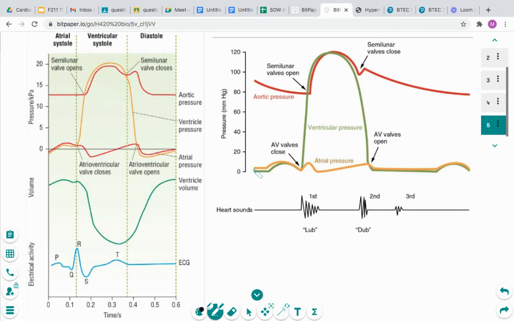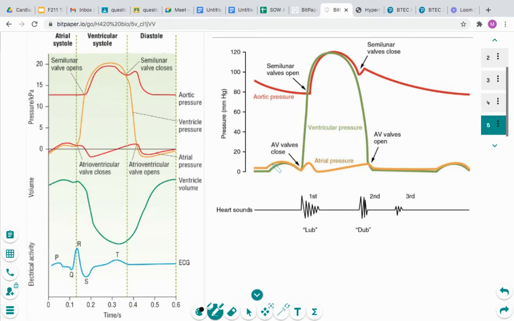Sometimes the pressure in the atria is greater than the pressure in the ventricle, and we can see that because the yellow line is higher than the green line, which means there's either a greater volume of blood in the atria or the atria themselves are contracting.